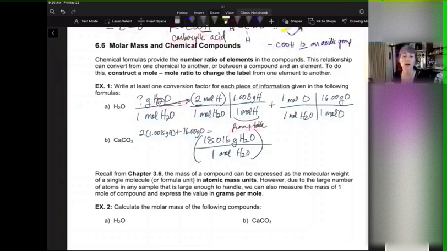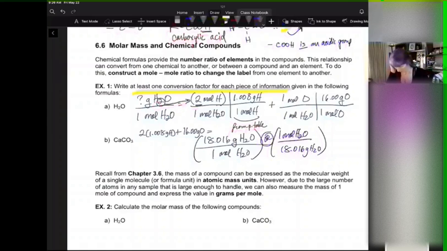We added up those parts. So what this question is really asking is write conversion factors. There's our factor. And of course, because it's true for water, we could also say, okay, 1 mole of water must weigh 18 grams of water. So we can use that.